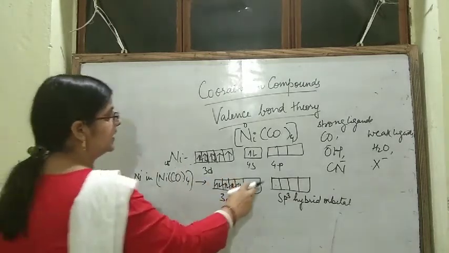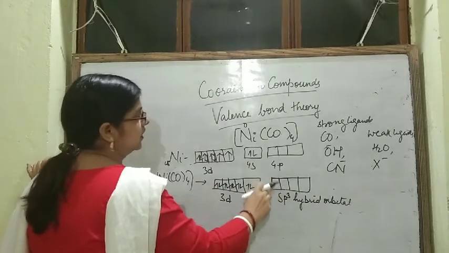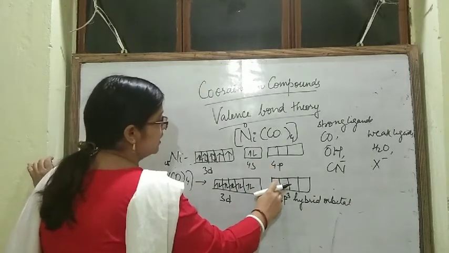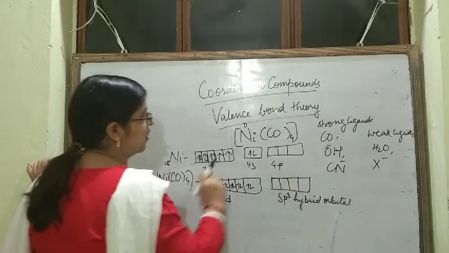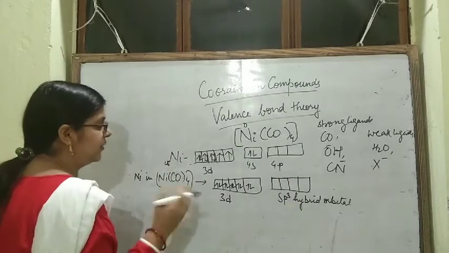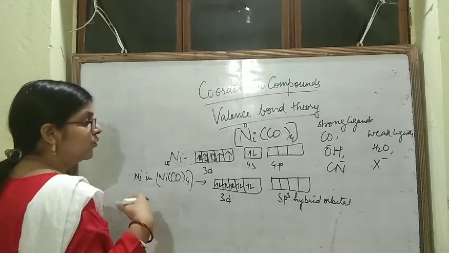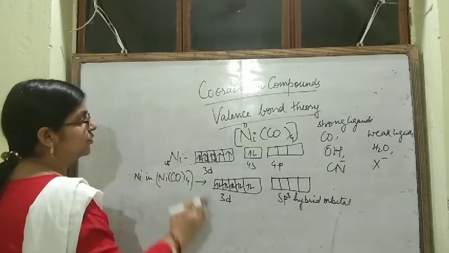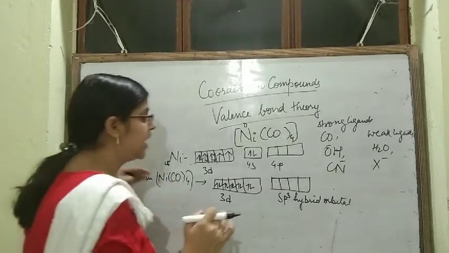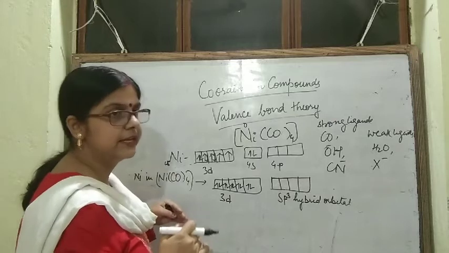So it is providing 1s and 3p orbitals, an empty hybrid orbital, for carbonyl to make a coordinate bond with nickel.